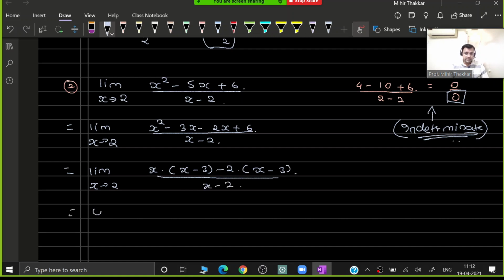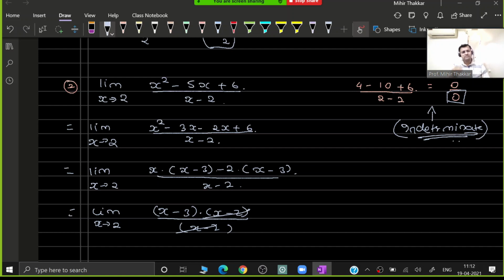Now if you observe, as x tends to 2, I get (x − 3)(x − 2) whole upon (x − 2), and now I can easily cancel off the common factor, which here is x − 2.